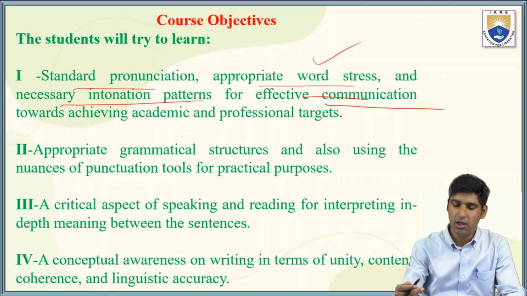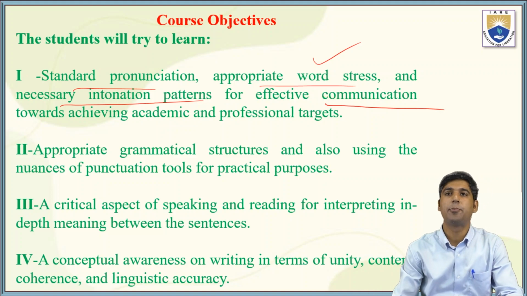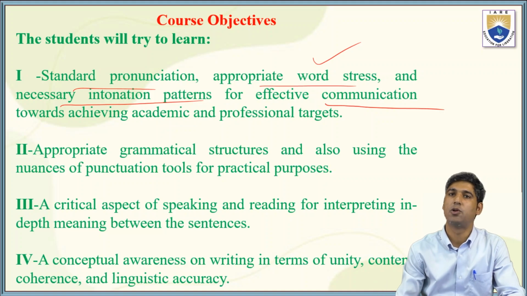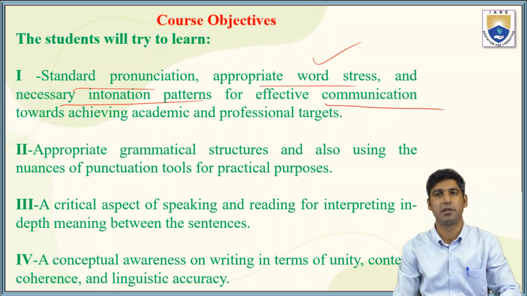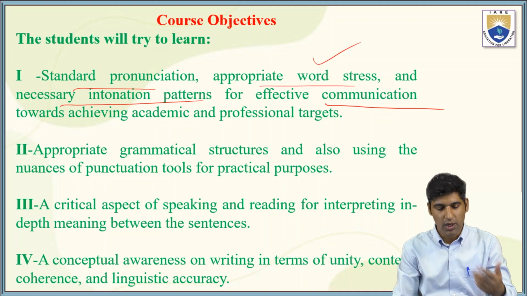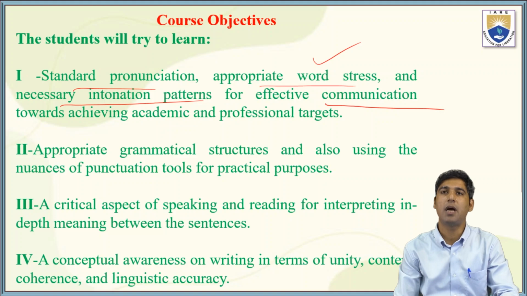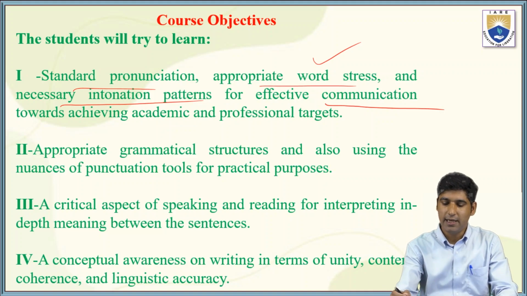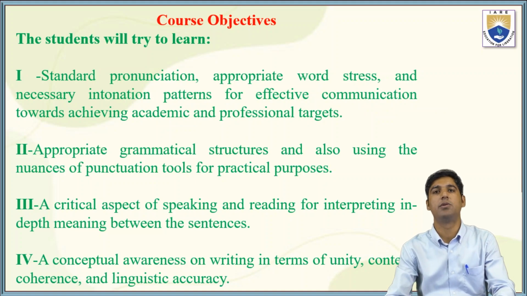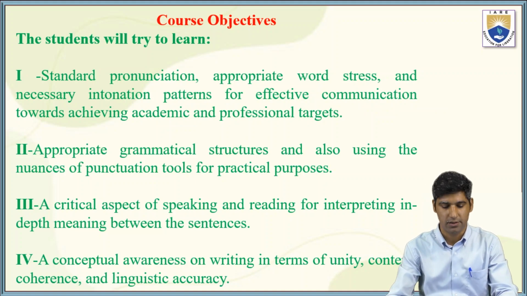A student should learn appropriate standard pronunciation so that he can communicate freely, openly, with confidence to every person in any corner of the world. A student should know the word stress and intonation, which is much required for communication. With this fluency and effective communication, a student can achieve academic and professional targets.